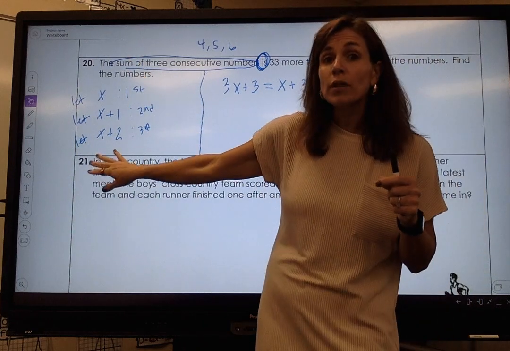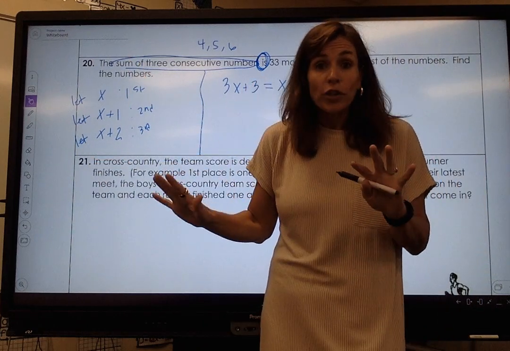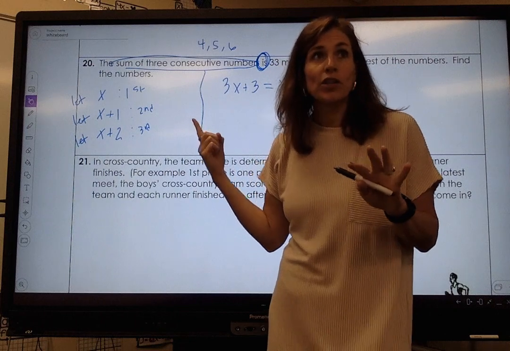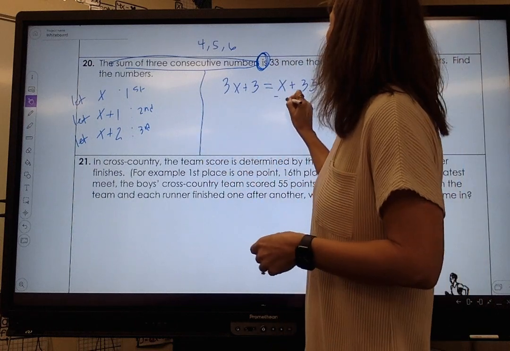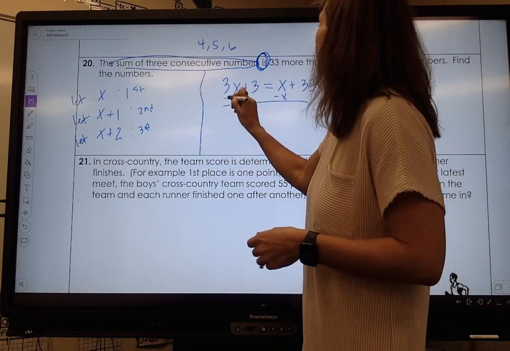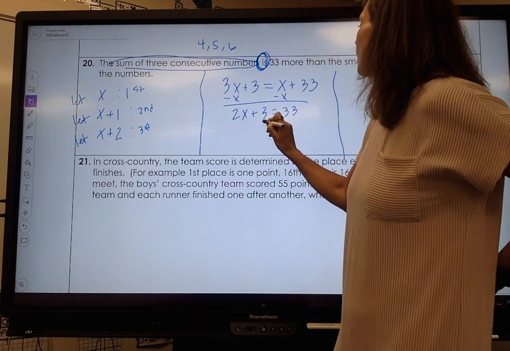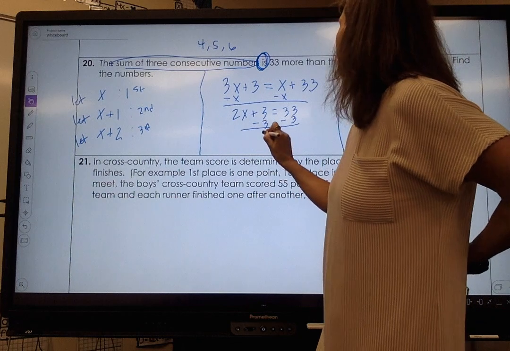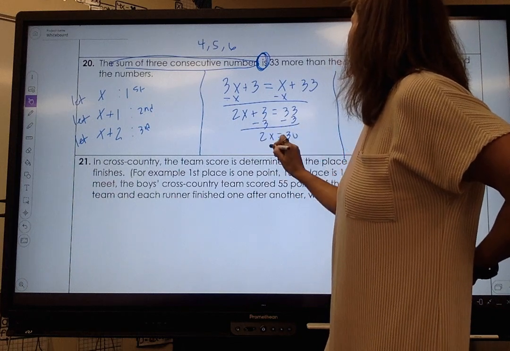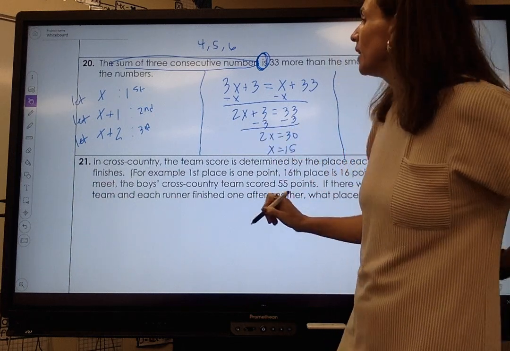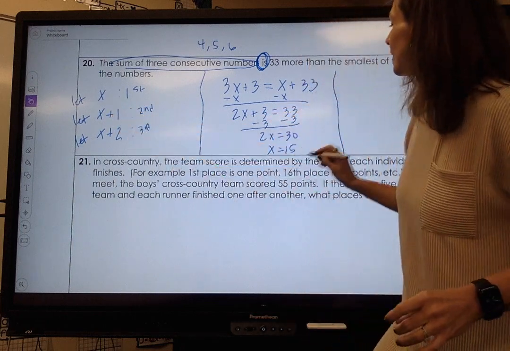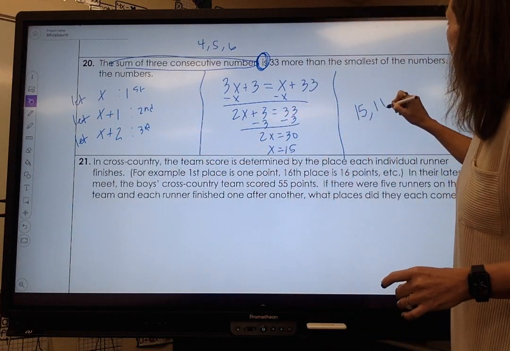So once you have those numbers set up, don't change them, but now we read our equation. So now when I solve, I'm going to subtract x on both sides. I get 2x plus 3 equals 33. Subtract 3. 2x equals 30. x then equals 15. So 15, 16, 17, those are my numbers.